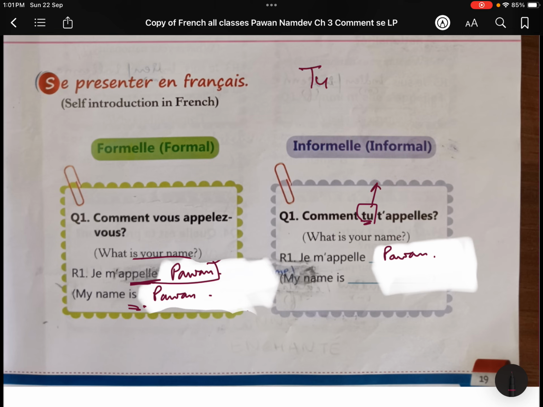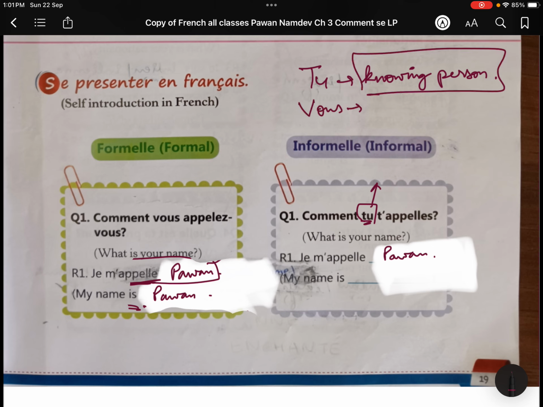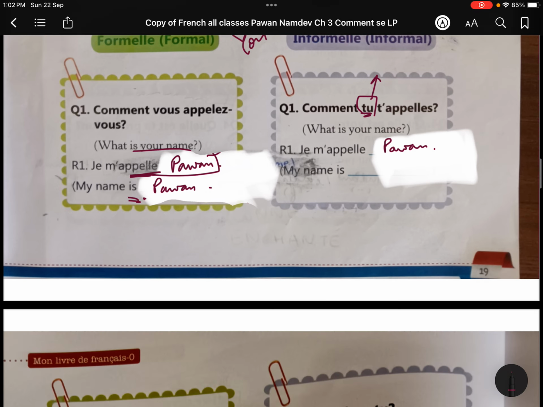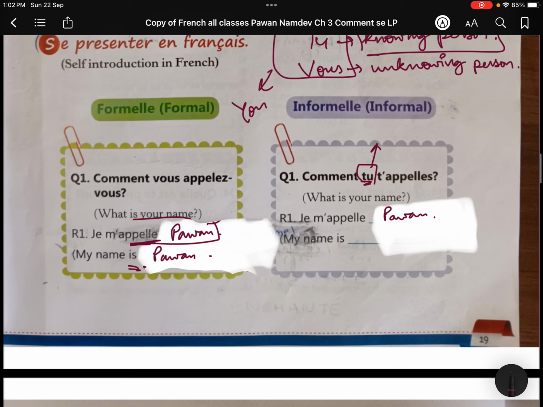With a person you do not know, you have to use vous. Clear? And both of them have the meaning you. Tu is the person you know very well, and vous, the person you do not know very well. All right, my name is Pawan.